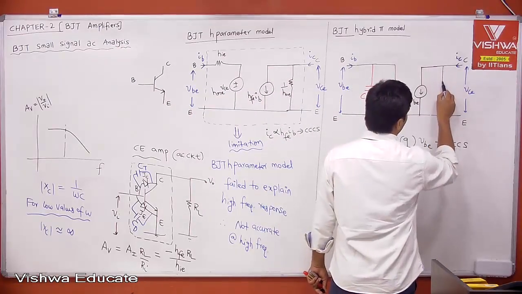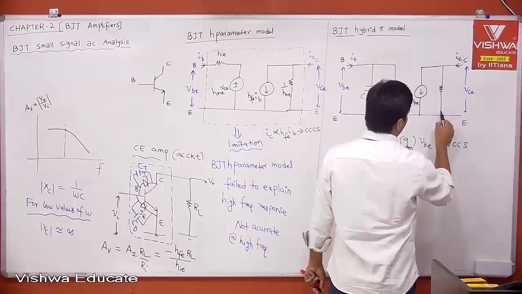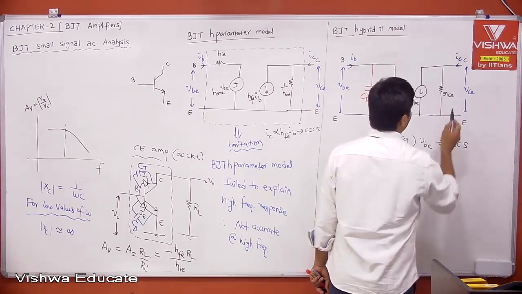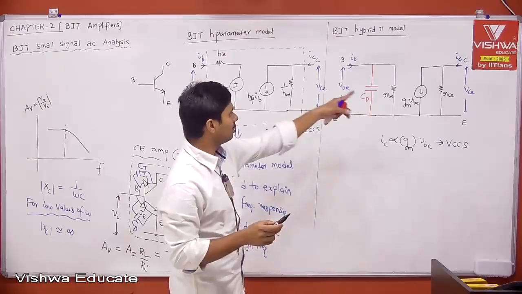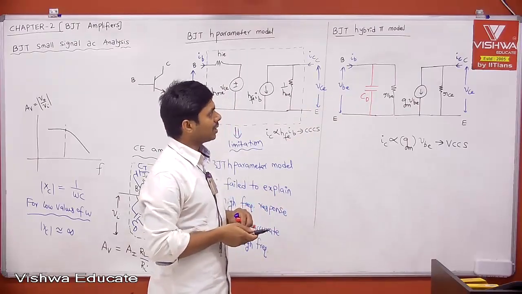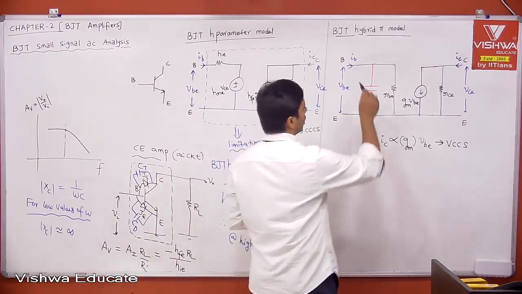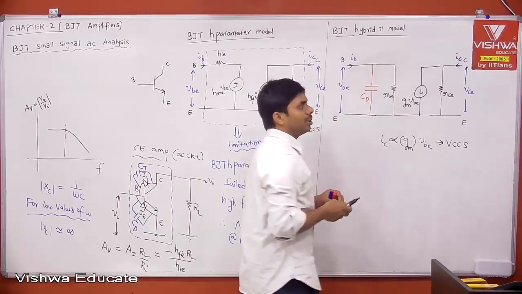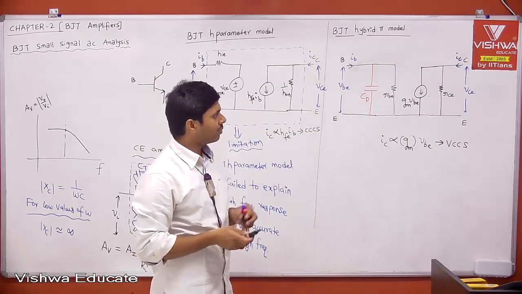Because of base width modulation, we have, let us say, RCE. In the case of the H parameter model, you can correlate it to 1 by HOE. But in the case of base width modulation, your IB also should depend on VCE, and that we have to add.